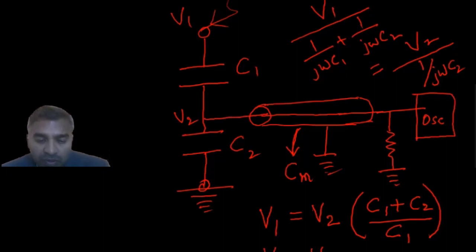It will affect V1. At the V2 junction, some current will be diverted towards the cable if we consider its impedance. V2 into C1 plus C2 plus Cm it will come. It will be parallel to C2.